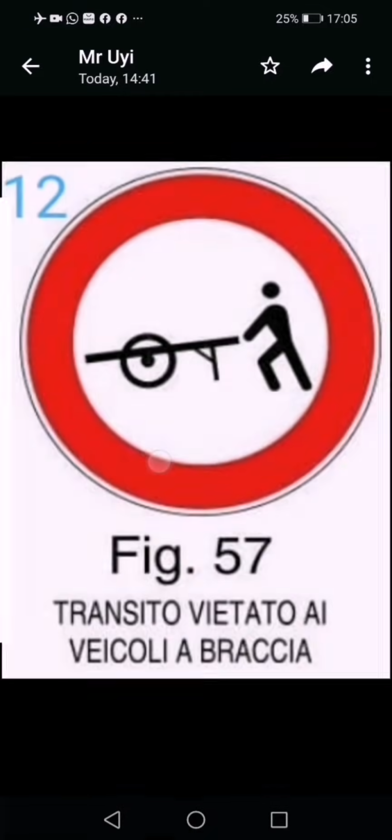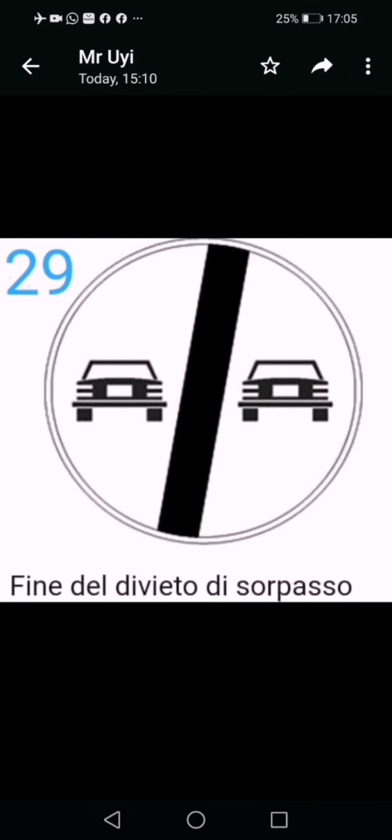So this particular sign is terminated when you come across this sign. This sign terminates the forbidding of overtaking for trucks.